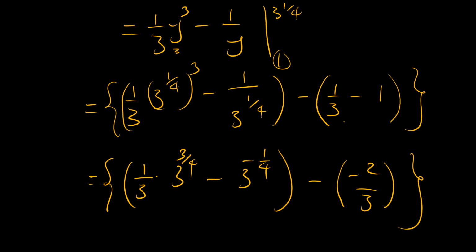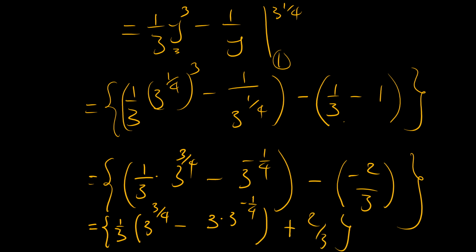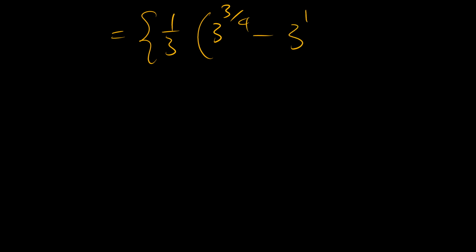Interestingly, if we pull this a third out, we have 3 over 3 to the quarter. As we can see here, 1 minus a quarter here, 1 minus a quarter. So maybe we can expand that: 3, 1 minus a quarter here, plus 2 over 3.